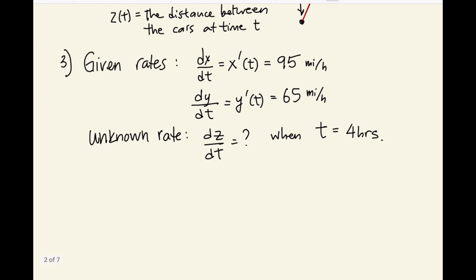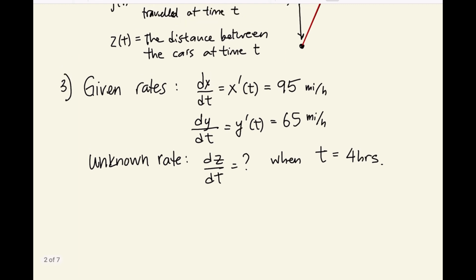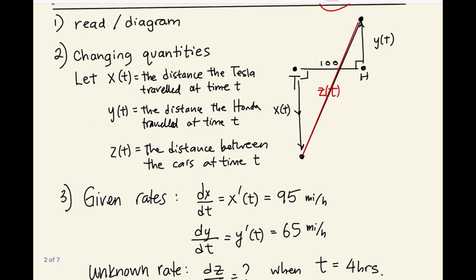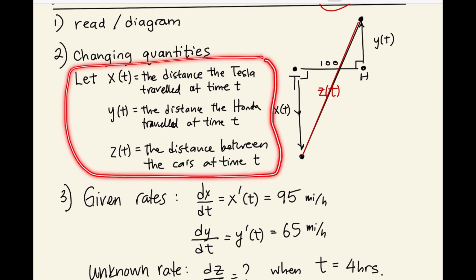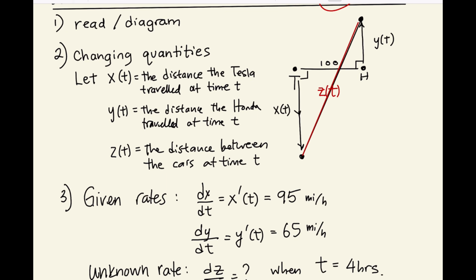Okay, so after we complete this step and we know what we're looking for, remember that the next step is I need to find a relationship between my quantities. So I have to figure out some way that x, y, and z are related. Now, if I look at my diagram here, I do see a triangle, and the minute I see a triangle, I always think of the Pythagorean theorem.